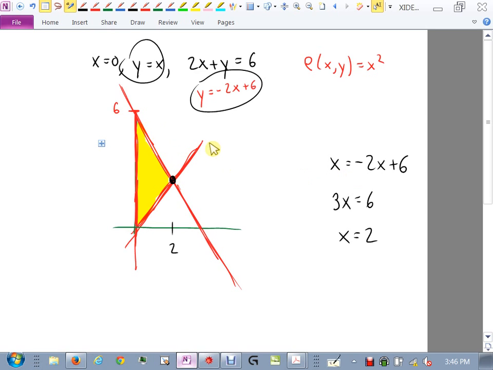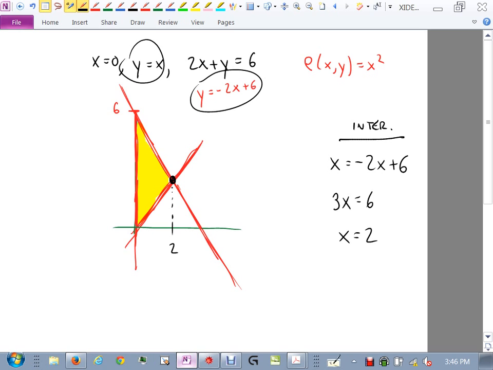I'm trying to figure out where these two lines hit each other, right? So I solve this for y, solve this for y, and set them equal to each other. So I'm doing their intersection here. That gave me this. Now, why did I need 2?